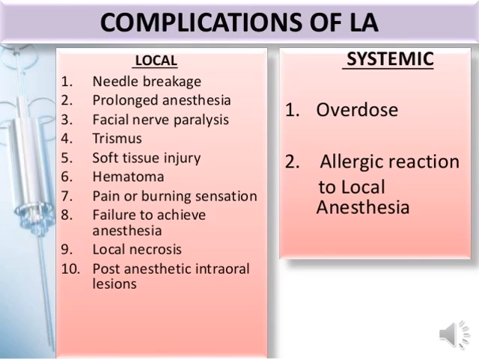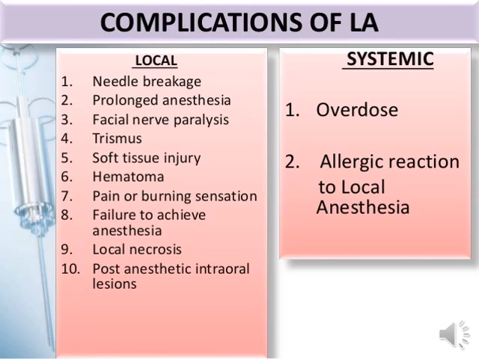In the local complications, if we administer the local anesthetic via a syringe, then the needle of the syringe can break. Number two is that prolonged anesthesia can be induced if a large dose is given. Number three is facial nerve paralysis, which can occur if local anesthetic is applied on the facial area. Number four is trismus of the muscles, and number five is soft tissue injury.